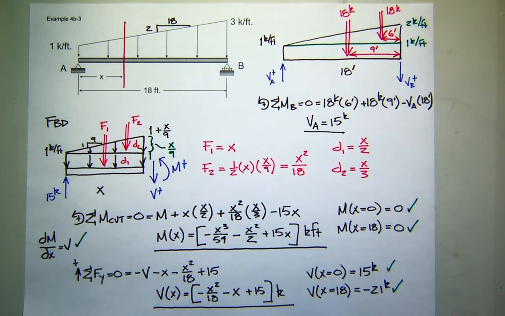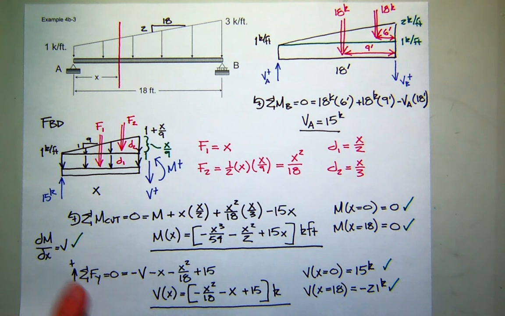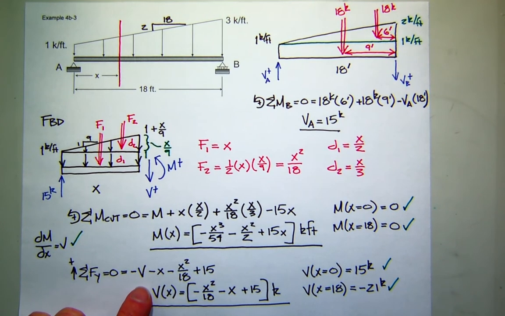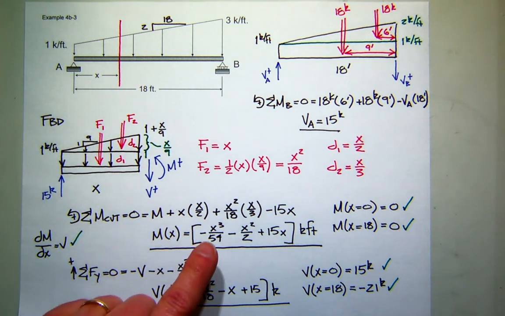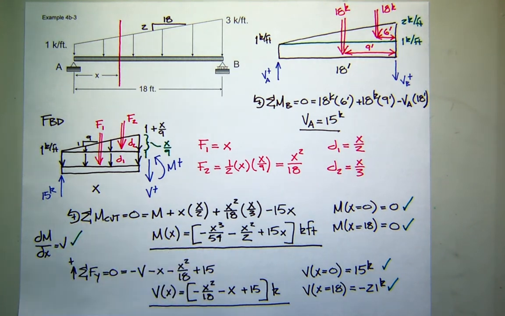How do you find the maximum value of an equation? Take the derivative and set it equal to 0. What's the derivative of the moment? Shear. So I just have to find where the shear is 0. It's a quadratic equation, but I think you could probably do that. You could set the shear equal to 0 and find a value of x. That would tell you where the moment is maximum, and then you could put that x value back into the equation and actually tell me the maximum moment. That's pretty useful.